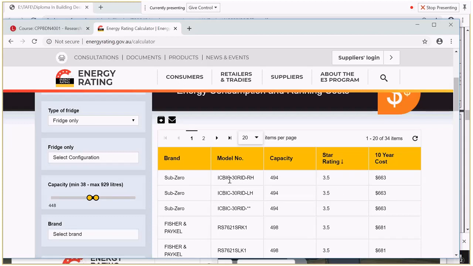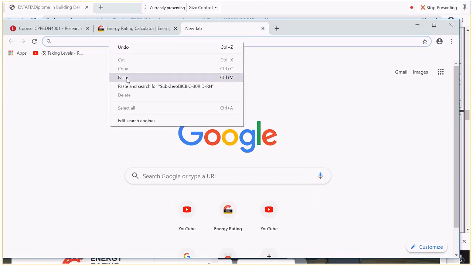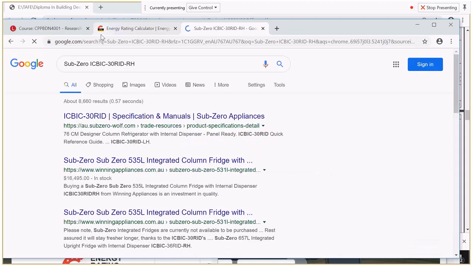So let's go for our most efficient, 494 litres. That's close enough to 500, that's fine, let's go for that. I haven't actually tried it for this model, but I'll grab all of that, copy, and search for that model.